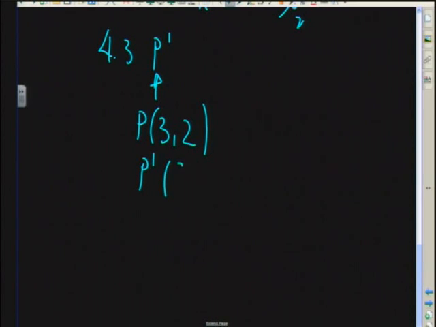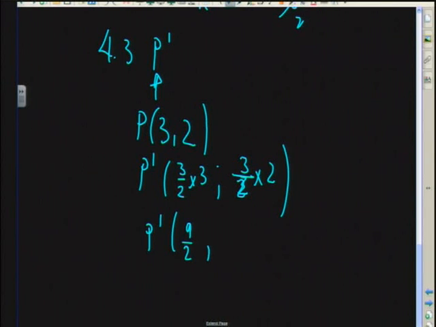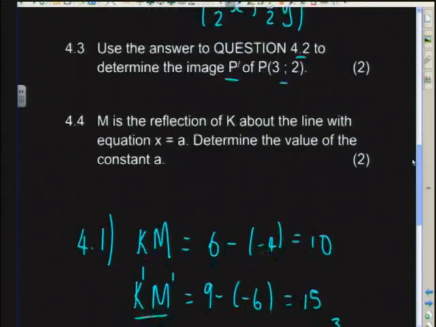So it's going to be 3 over 2 times 3, and then 3 over 2 times 2. And that's going to give me the point 9 over 2, or 4.5, and 3. Those are the new coordinates of this new image, P prime.